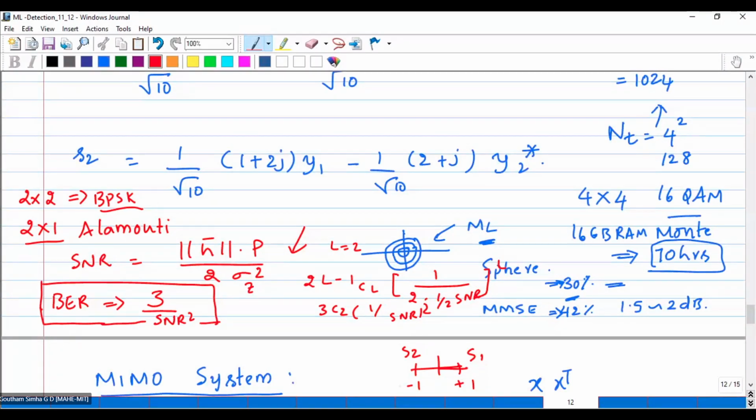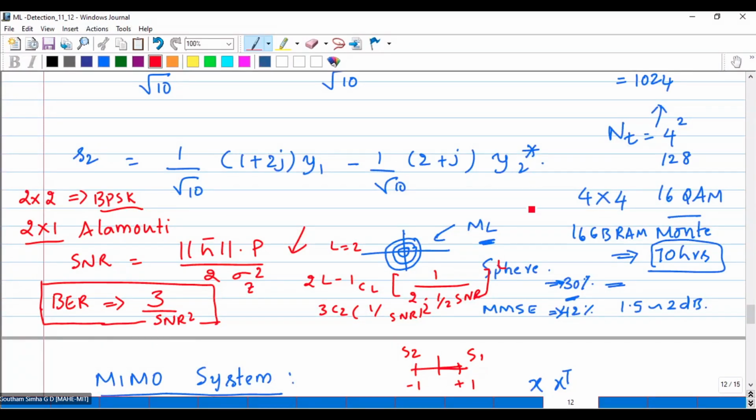At the same time, in time interval 2, you have to maintain minus S2 conjugate and S1 conjugate in order to have that orthogonality. If you don't produce orthogonality between the symbols, then the S2 symbol will interfere with the S1 symbol, and the detection becomes slightly complicated, and you may get errors also. So assuming that everything is there, you will get a BER equal to 3 by SNR square.